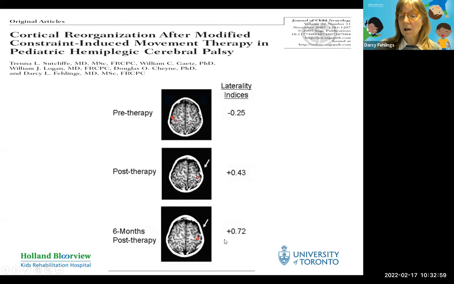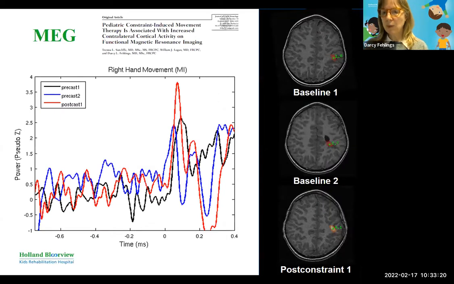We still saw this signal 6 months post-therapy. So, interesting: constraint therapy can shift activity from the ipsilateral motor cortex back into the contralateral motor cortex, and that may be a mechanism underlying brain recovery and improved hand function.